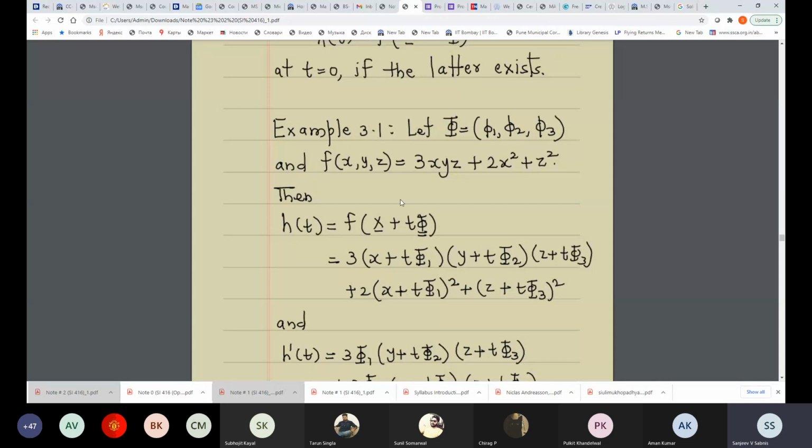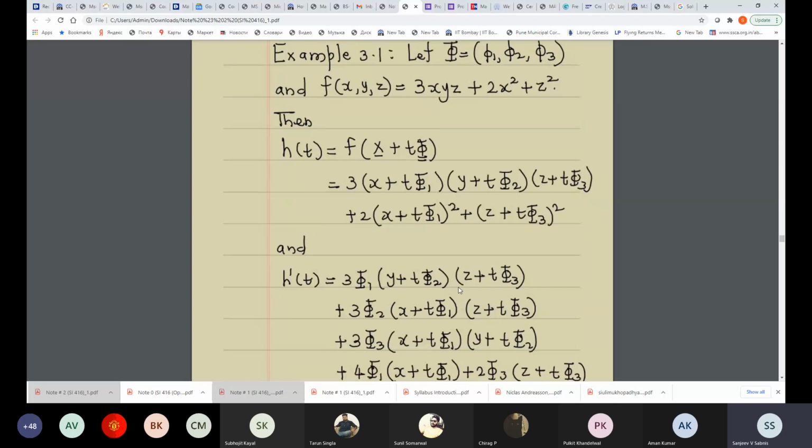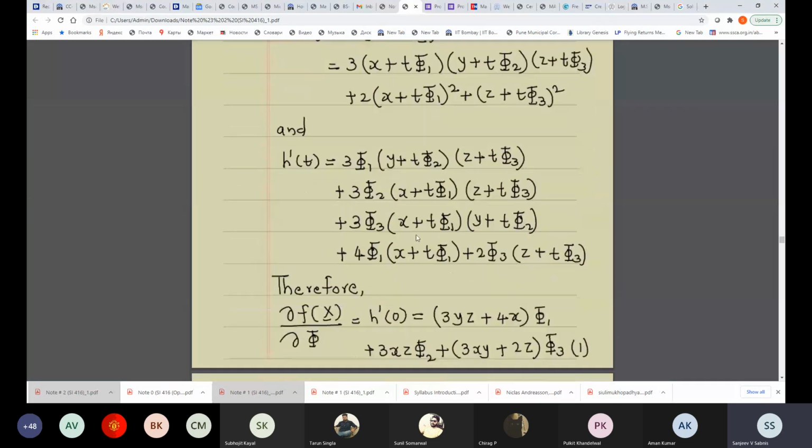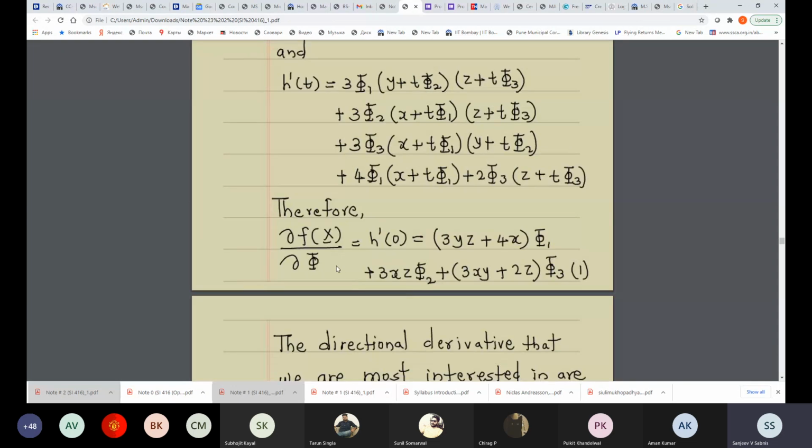So this function is being evaluated at x plus t phi1, y plus t phi2, and z plus t phi3. You replace x, y, z by those respective elements, and this is what one obtains. This is h of t, and the derivative of this with respect to t, evaluated at t equal to 0, gives us the derivative of f with respect to the direction phi evaluated at x.